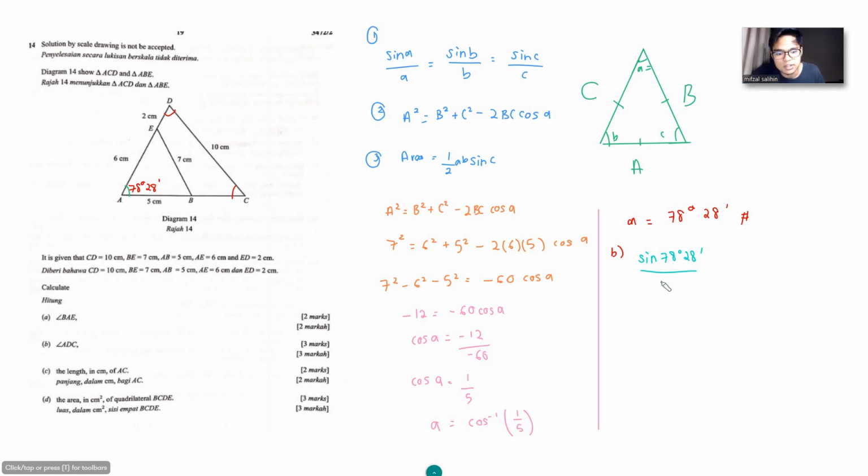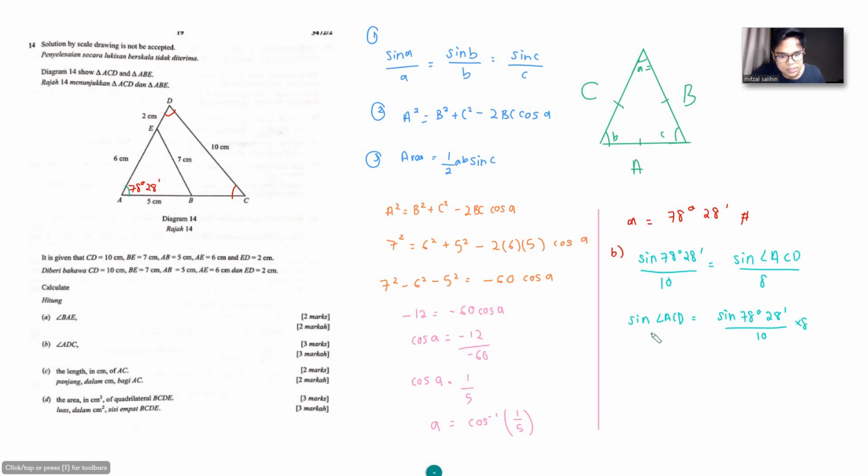So sin 78 degrees 28 minutes divided by 10 is equivalent to sin ACD divided by, so the opposite of the angle of ACD is 6 plus 2 cm, which is 8 cm. So now we can find the value of ACD. So sin ACD is equivalent to sin 78 degrees 28 minutes divided by 10 times 8.